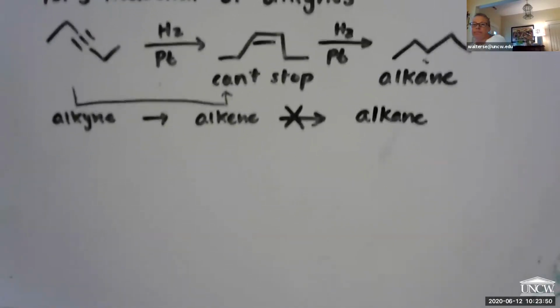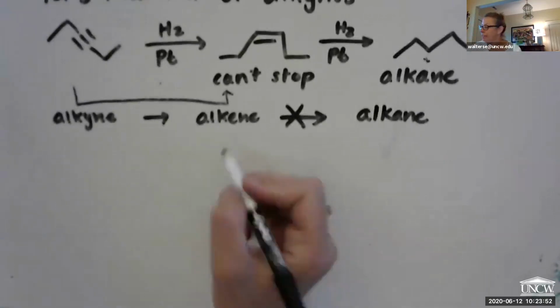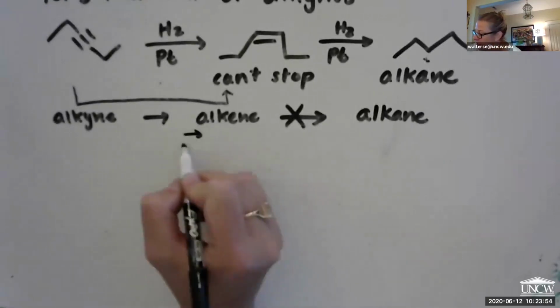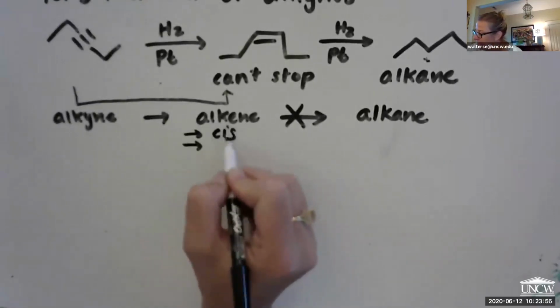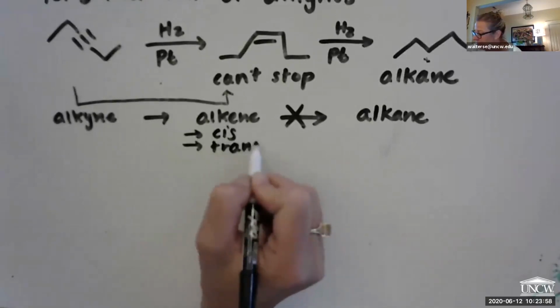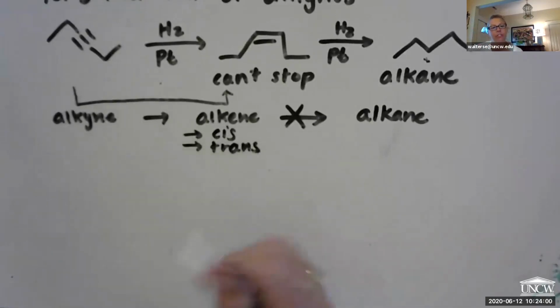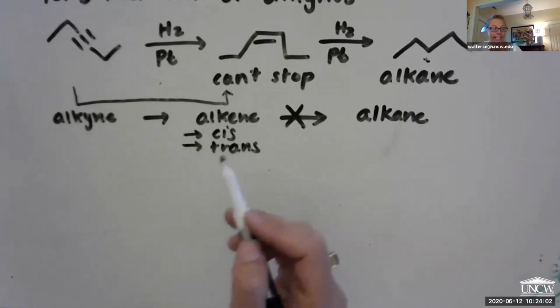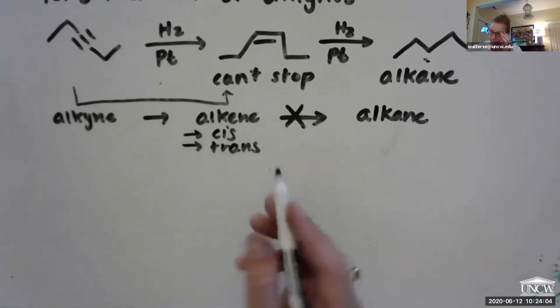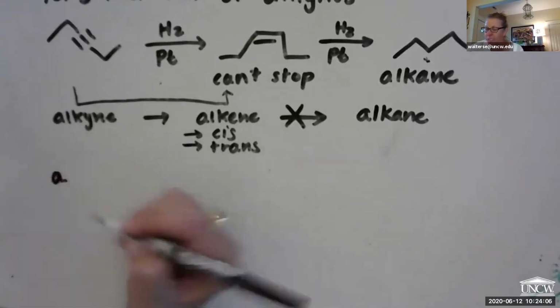Right. Now, when we have alkenes, though, we have cis alkenes and we have trans alkenes. So we have to have two different ways, one that will make cis and one that will make trans. Okay.